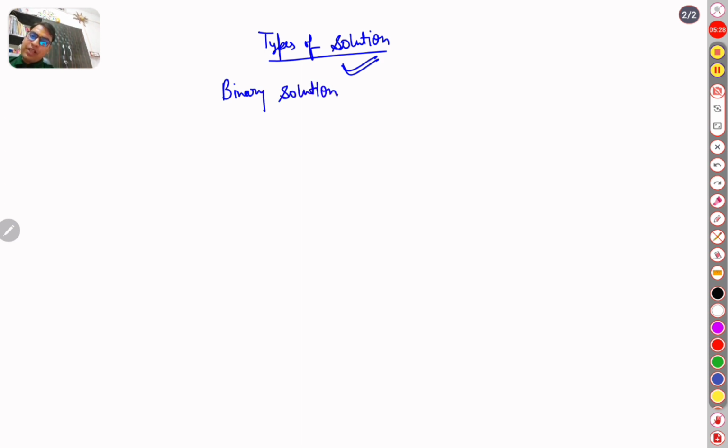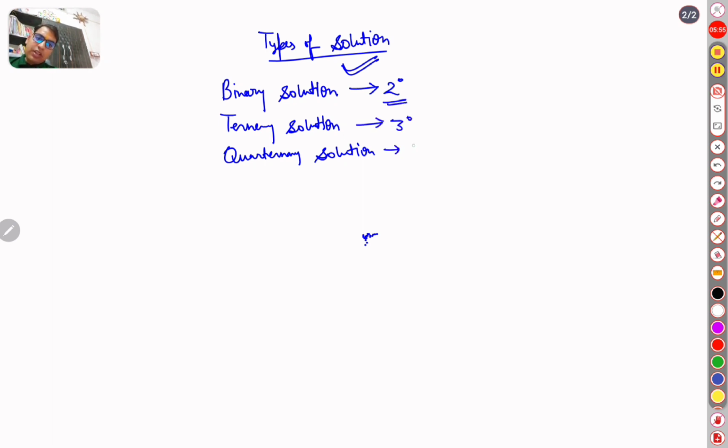Second one is ternary solution, and the next one is quaternary solution. Binary solution is also called second degree solution, ternary solution is also called third degree solution, and quaternary is called fourth degree solution.